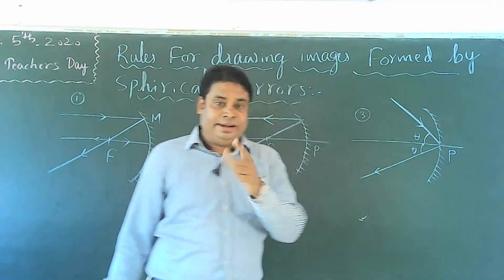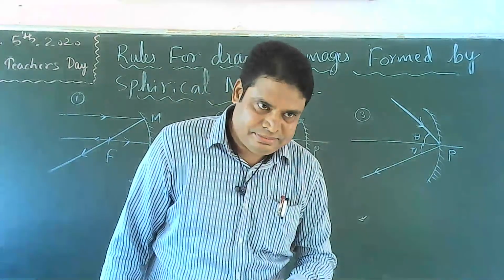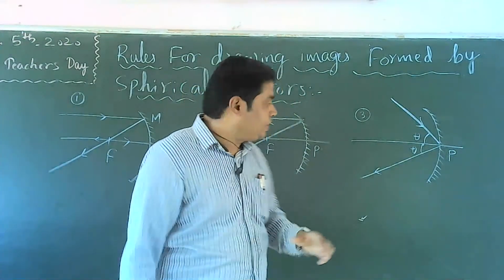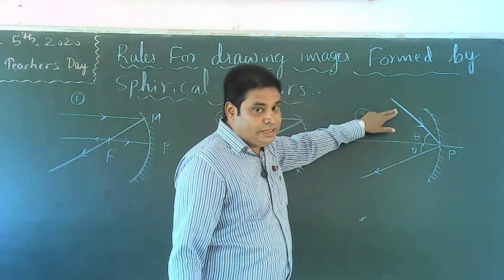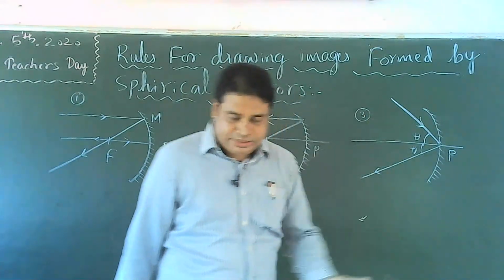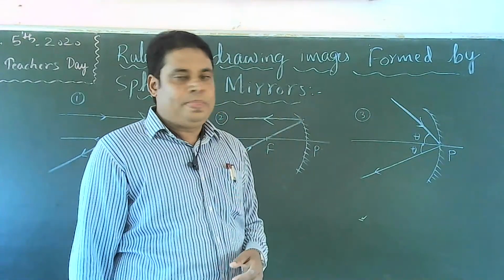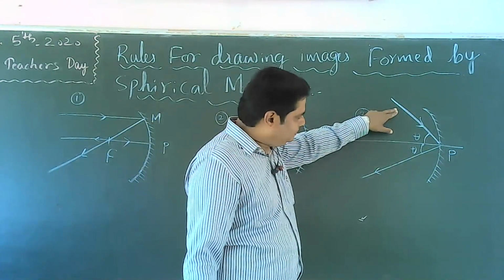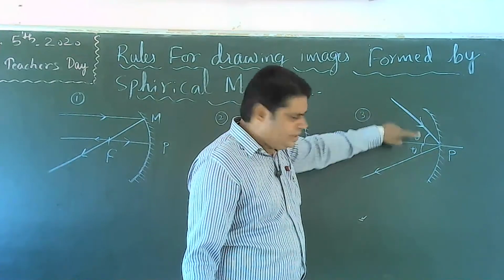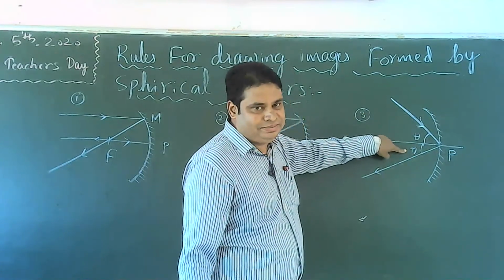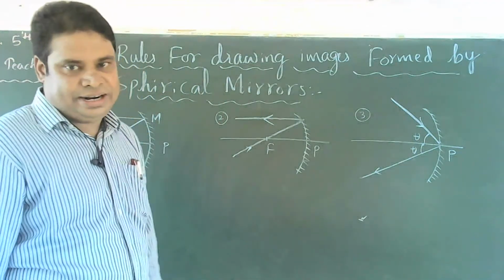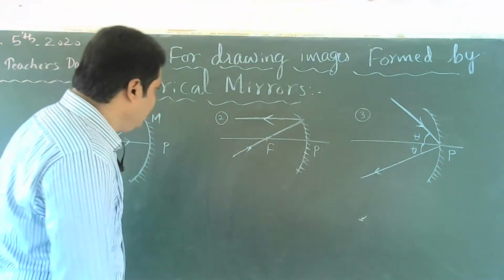It is very useful in deriving the next derivation, the so-called mirror equation, where we are supposed to consider this ray. Let me repeat. In the next derivation, we have to consider this ray, so that the incident angle is equal to the reflected angle. This is the third ray we are supposed to consider.